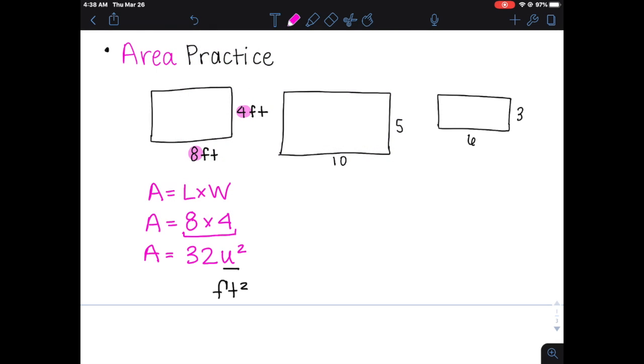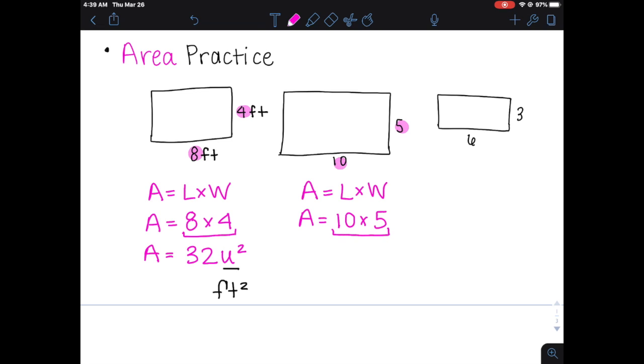Let's practice that again. So again, our formula for area equals length times width. Area equals, let's start filling in the information we know. We know that the length is 10. So instead of L, I'm going to put 10 times, and the width is 5. So instead of W, I'll put 5.